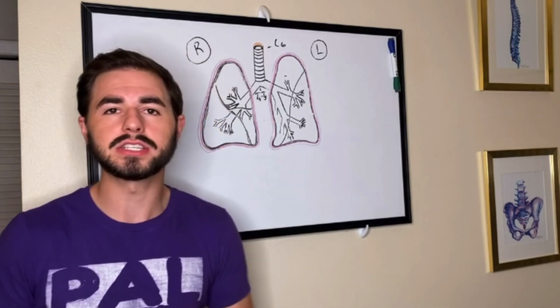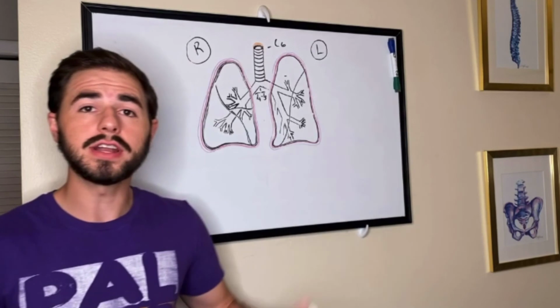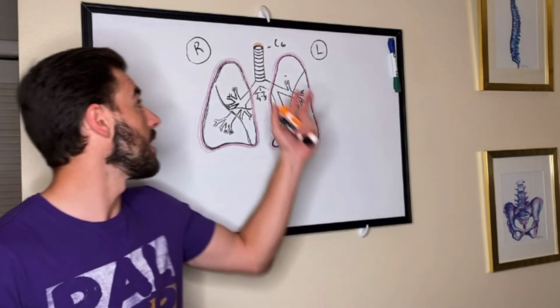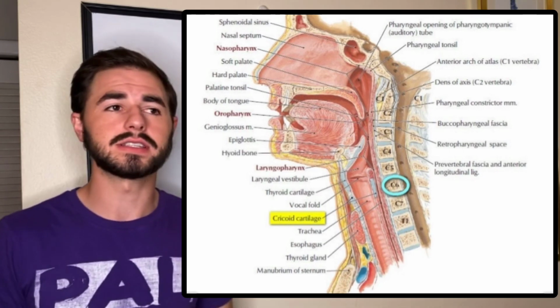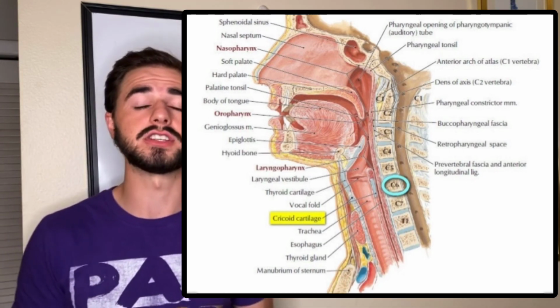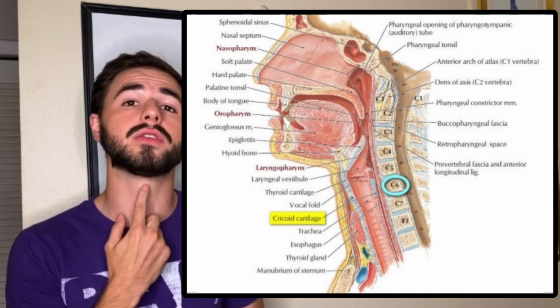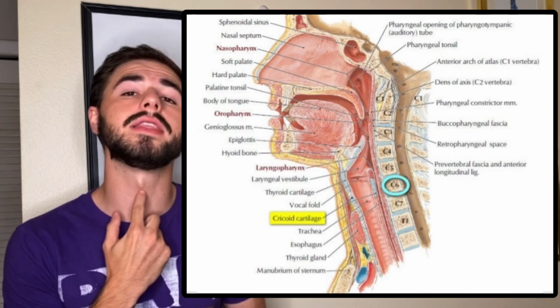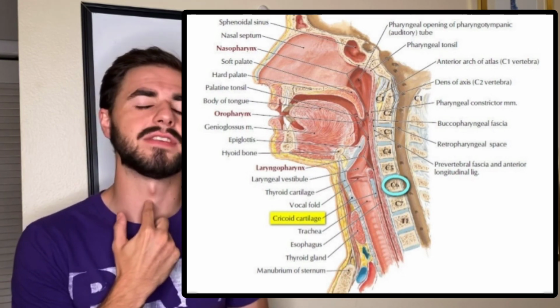So here we go. Let's just talk a little bit of anatomy before we get into the physiology of this thing. Starting at the top, you've got the trachea, and it's starting at around C6. Now, for those of you who don't know where C6 is, another good comparison is just below the cricoid cartilage. So we know that you have the laryngeal prominence, the thyroid cartilage, and then the cricoid cartilage is just past that little divot.